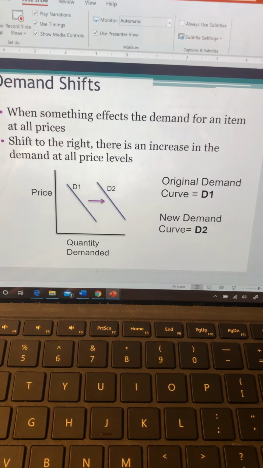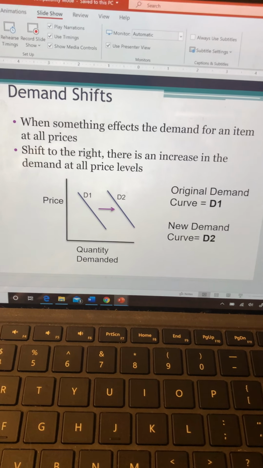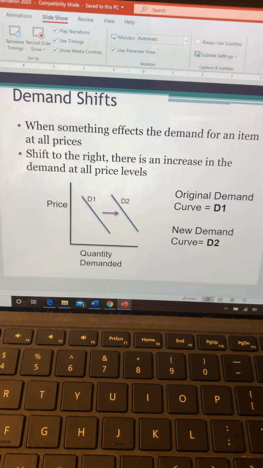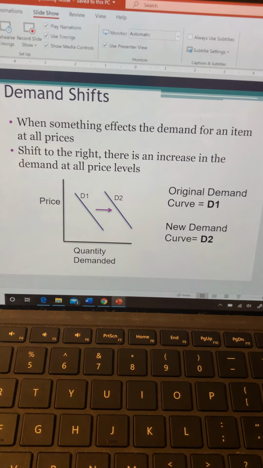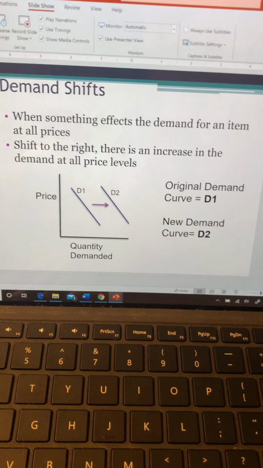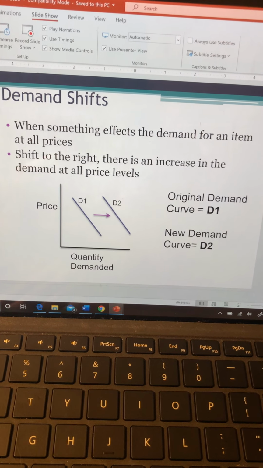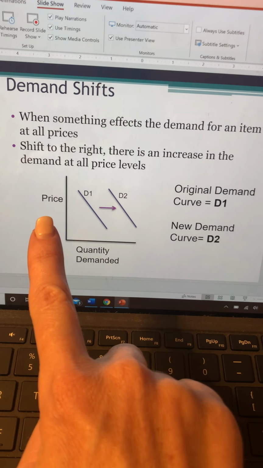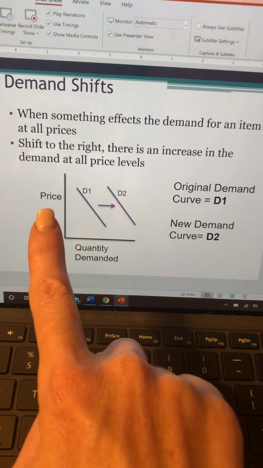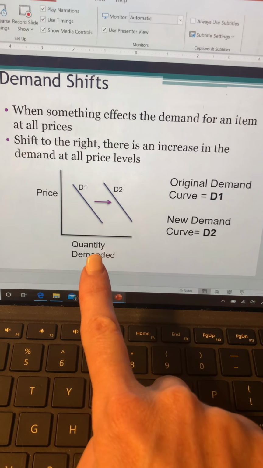When something affects the demand for an item at all prices, you're going to see a shift in the curve. If you look at this very savvy graphic here, you have price on the y-axis and quantity demanded on the x-axis.